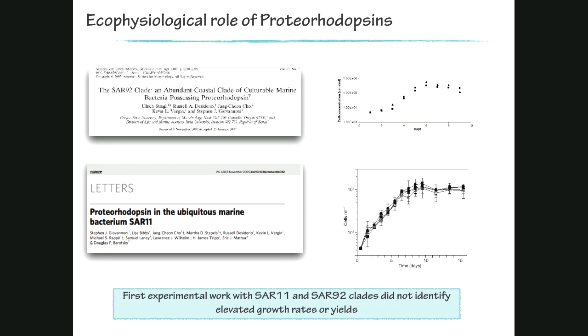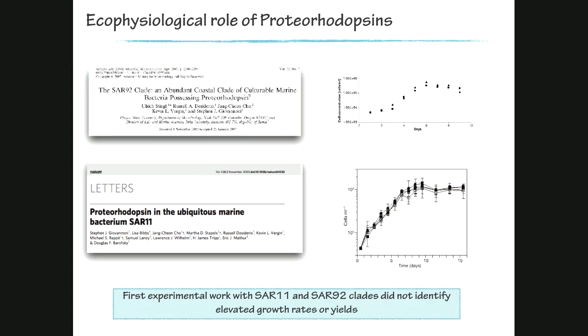The first experimental work on proteorhodopsin-containing cultured marine bacteria, members of the SAR11 and SAR92 clades, did not identify the increased growth that was expected when growing in light.